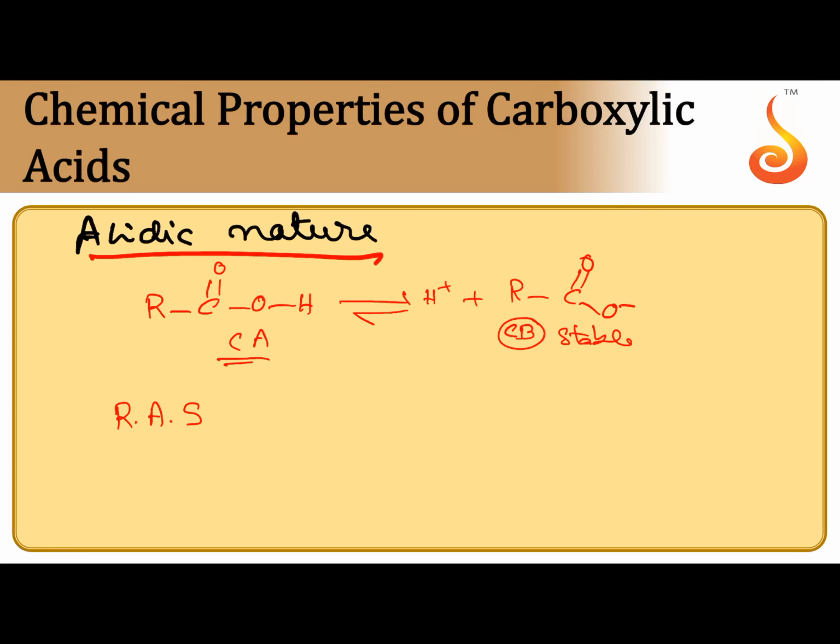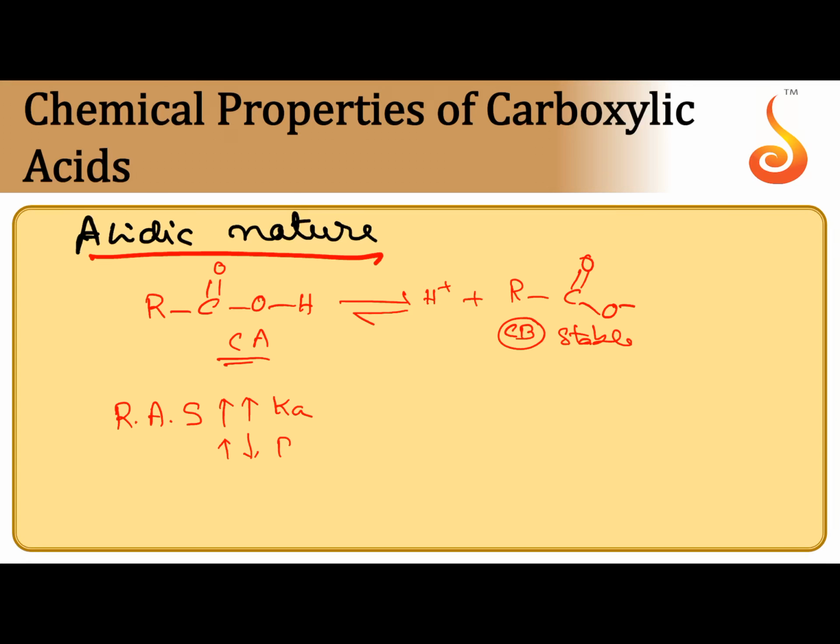So relative acidic strength, when two acids are given, how can we find out which is stronger acid? Relative acidic strength increases when experimentally determined Ka value increases. It increases when experimentally determined pKa value decreases. Relative acidic strength increases when stability of conjugate base carboxylate ion increases.